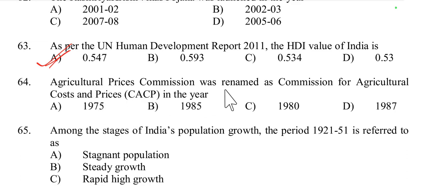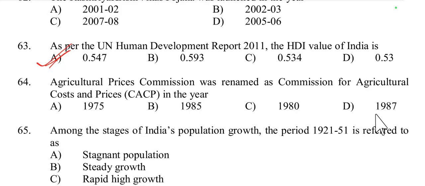Then question number 64. The Agricultural Prices Commission was renamed as the Commission for Agricultural Costs and Prices, CACP. First it was named APC, Agricultural Price Commission, but it was renamed in the year 1975, 85, 80 or 87?